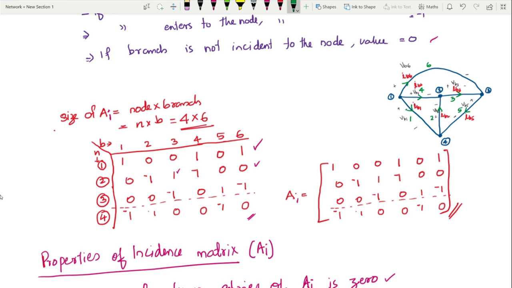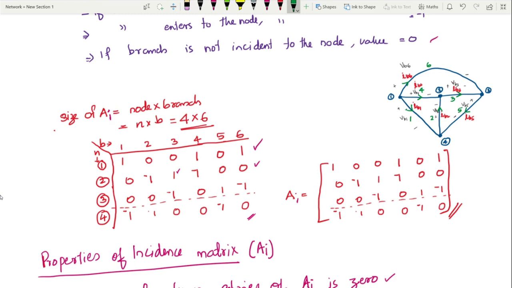For each node we need to identify the incident branches. Corresponding to node 1, branch 1 is incident, branch 4 is incident and branch 6 is also incident with node 1, and all these currents are leaving this node.